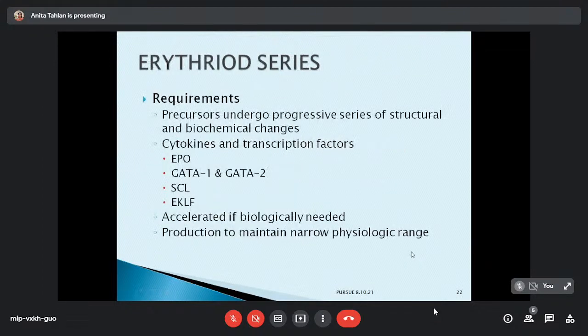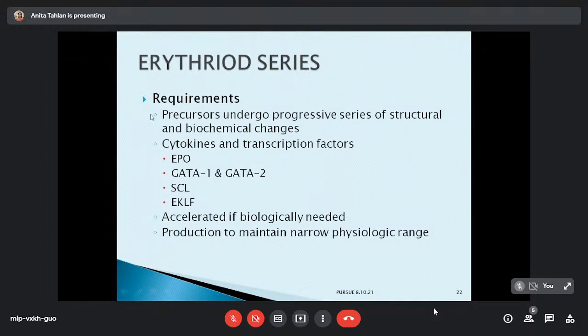So what do we want from our erythroid series? That they should produce almost a million cells so that they meet our requirements, and this makes erythropoiesis a very complex and highly regulated process.